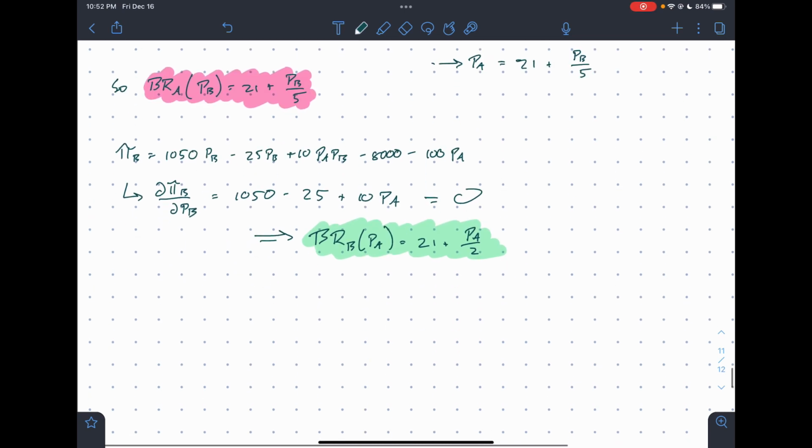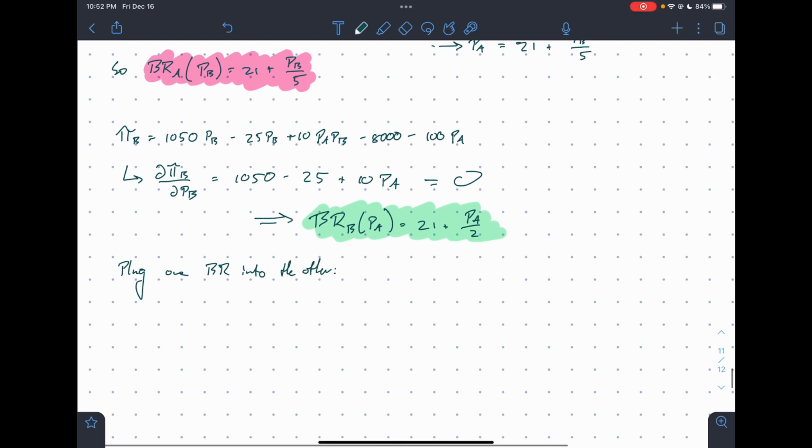As before, we want to plug one of these into the other. Okay, so I'm going to plug B into A. You don't have to do it this way. It doesn't matter. I'm just going to do it that way. You could plug A into B. It's your choice, dealer's choice.